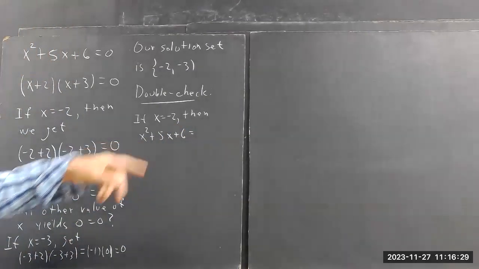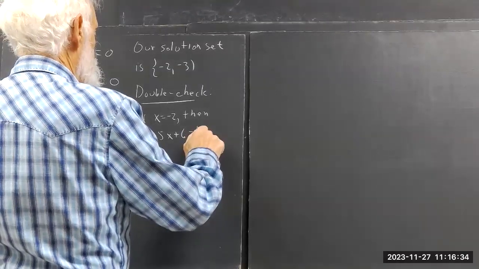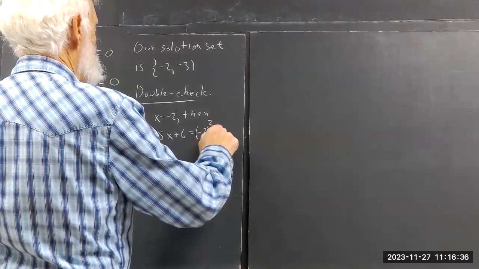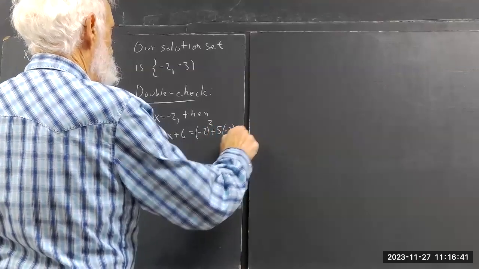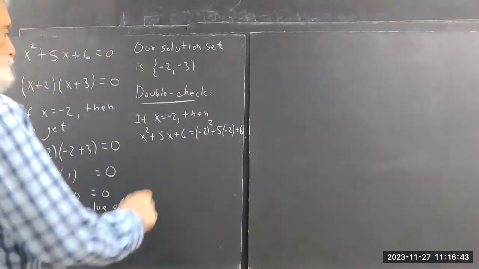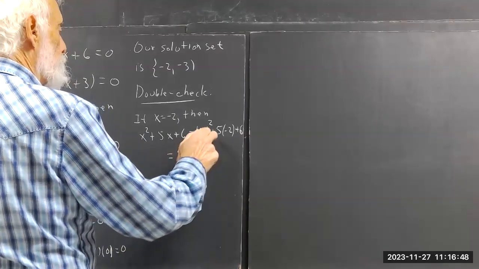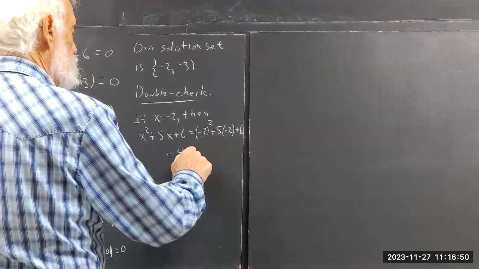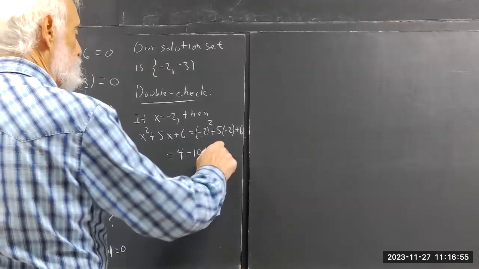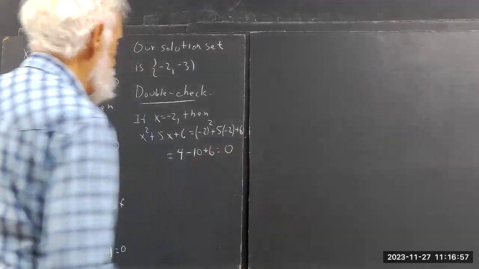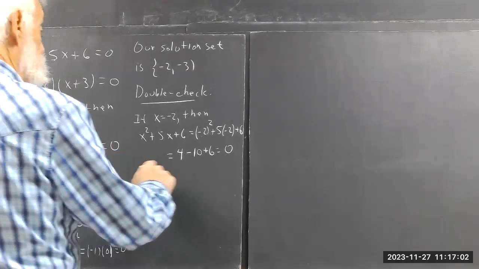That x squared plus 5x plus 6 would equal what? Well, it would equal -2 squared plus 5 times -2 plus 6. And that would equal, the square of -2, you get 4. 5 times -2 is -10. Add 6. Well, all that adds up to 0. So that checks for -2.